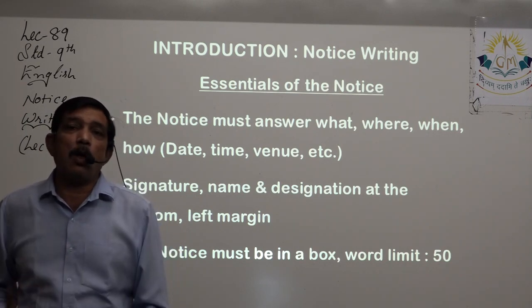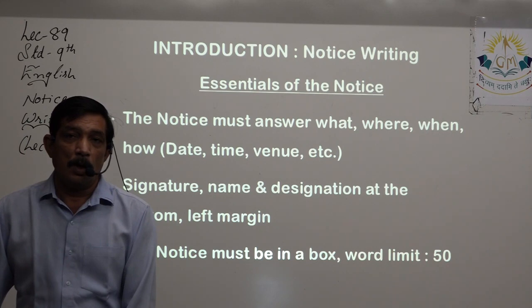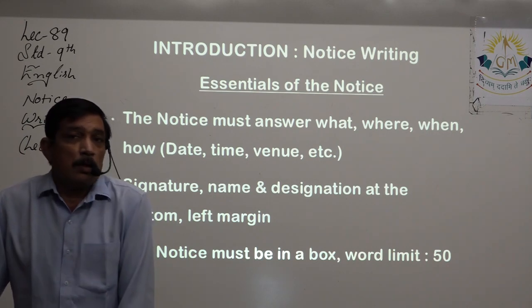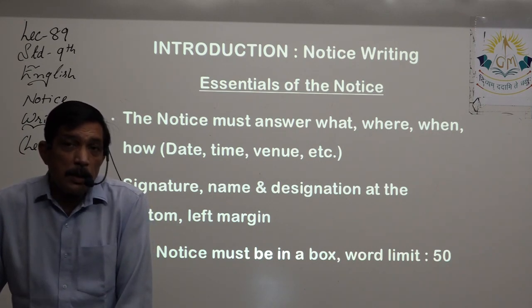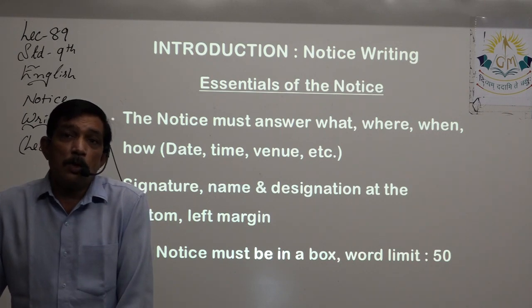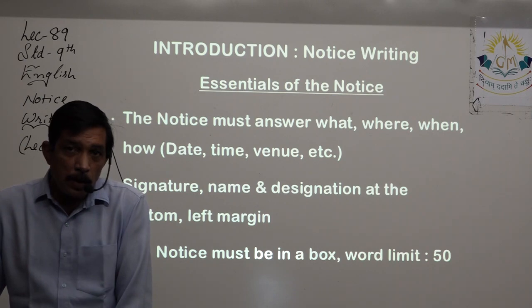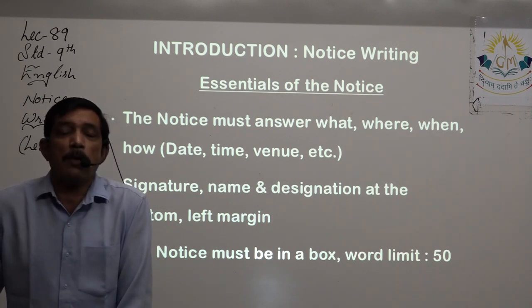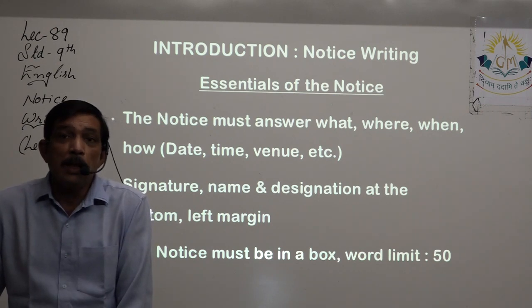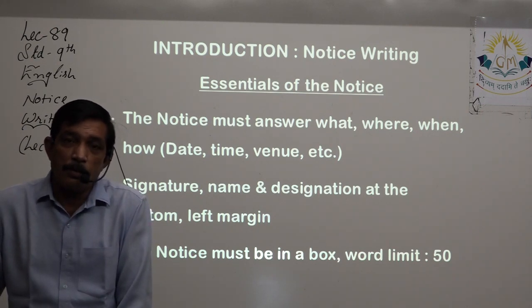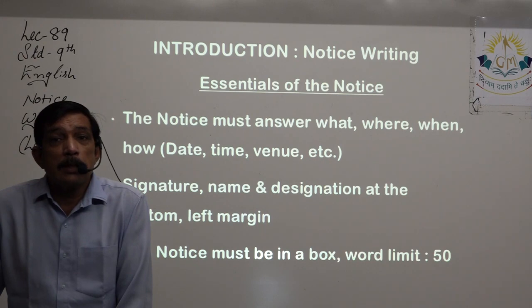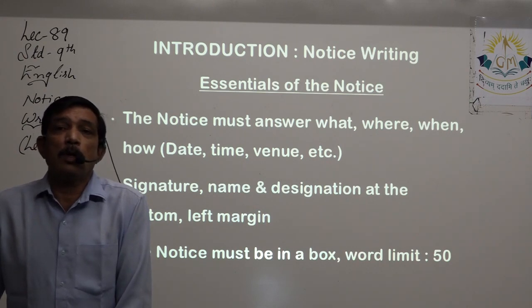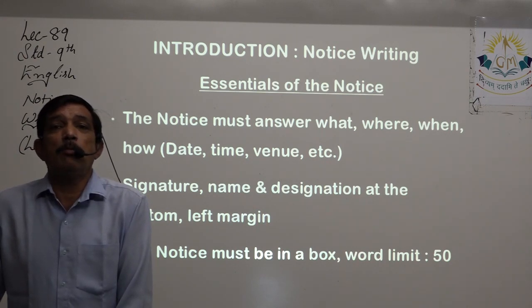Sometimes, for example, lost and found. You are writing a notice because you lost something. Now you think you don't have any designation? No, you also have a designation because you are signing it. If you are signing it, you have a name. Write the name after that. What is the designation? Student of class 9B.